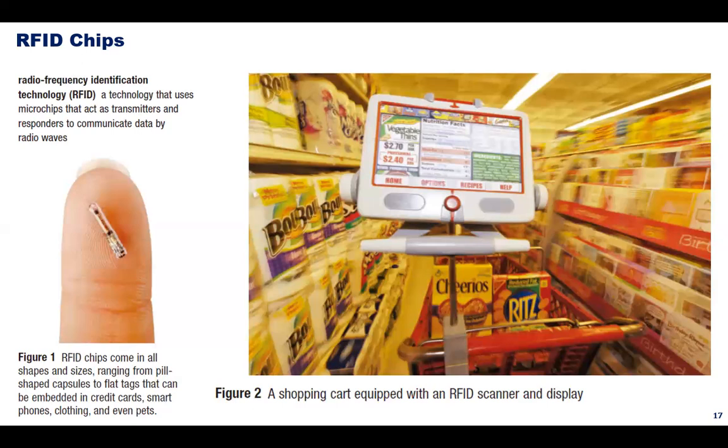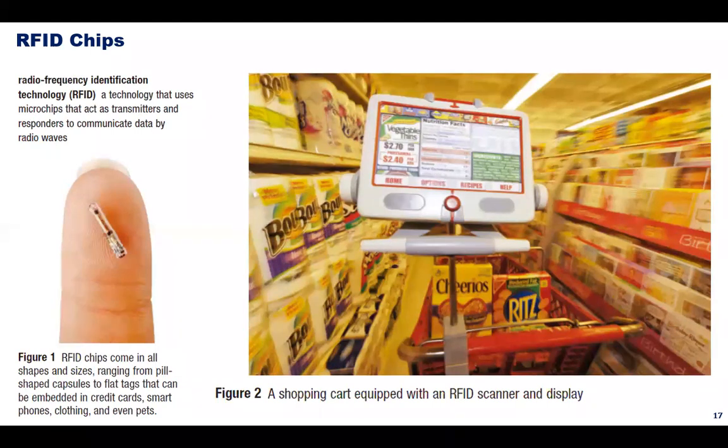The tag detects a specific radio signal sent by an RFID reader. When the transponder receives the radio signal, it then transmits a unique numerical identification code back to the transceiver. Every tag is encoded with a unique set of numbers for the purpose of identifying and tracking items.